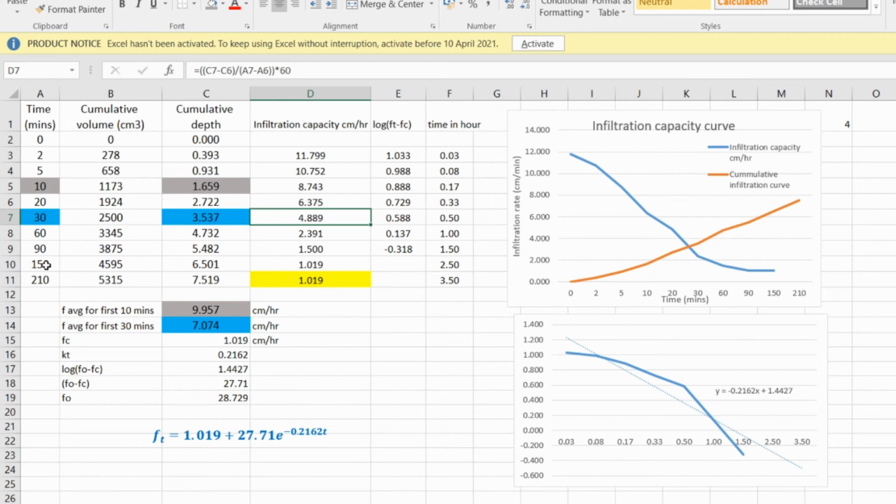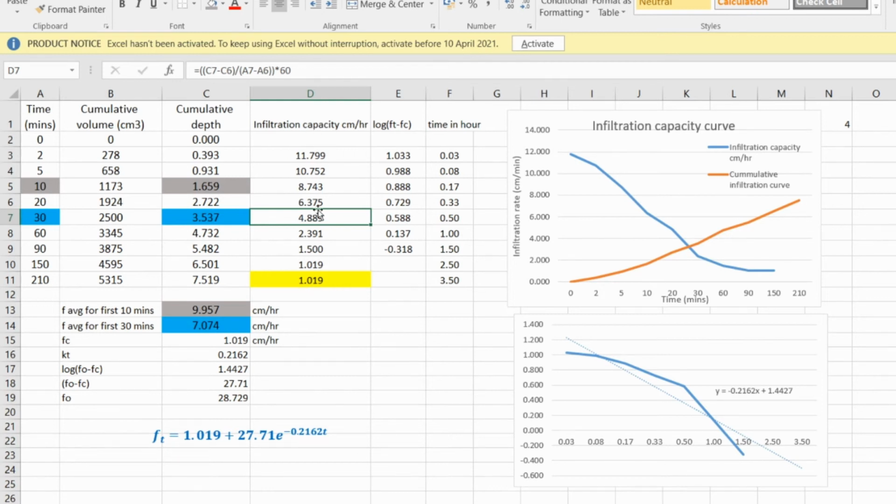As Horton also said, initially the infiltration will be high, and after some point when the voids of the soil are completely filled with water, then the rate of infiltration will remain constant, right? That's why from 0 to 150 minutes the infiltration rate was reducing. From 150 to 210, the infiltration rate remained constant. This is what you need to observe.